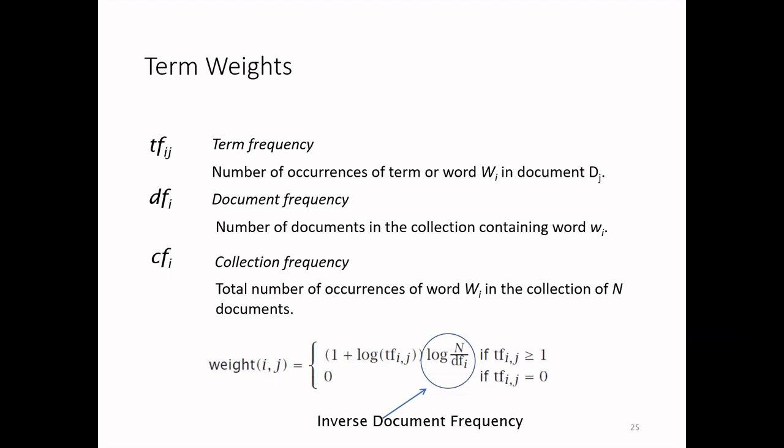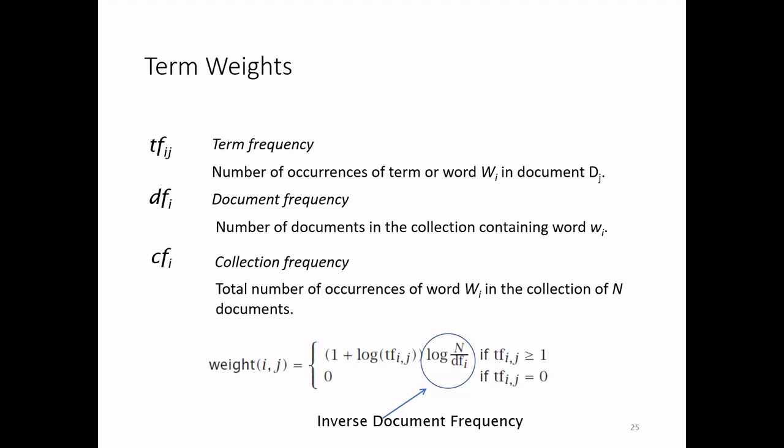That term has a weight value given by this formula: 1 plus log of TFij multiplied by log of N by DFi. This is if the term frequency is greater than or equal to 1. If the term is not present, obviously the weight for that document is 0.